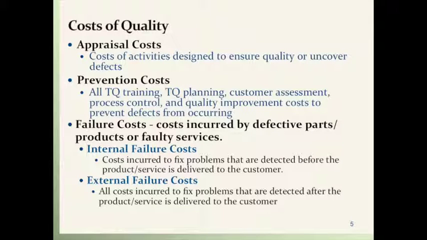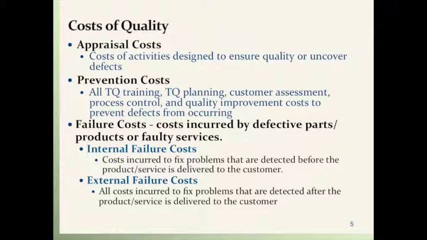So the cost of quality. So there's appraisal costs. So this is activities designed to ensure quality or uncover defects. So these are your quality inspectors, the people who are saying, does this meet the quality or not? Then there's the prevention cost.